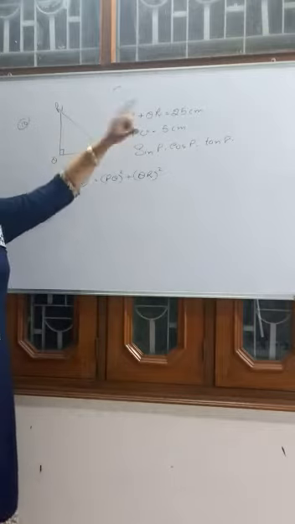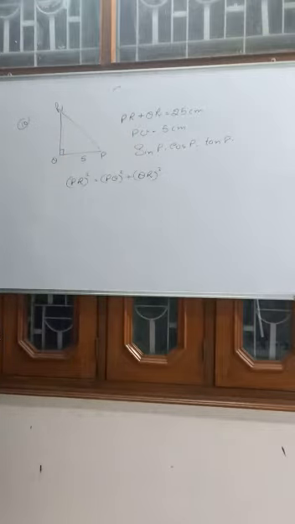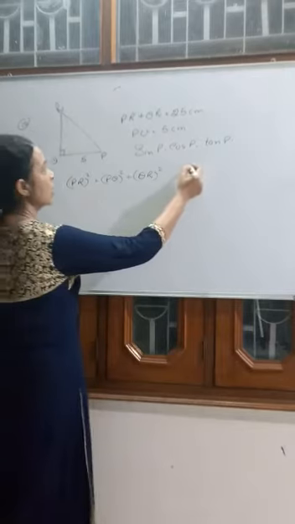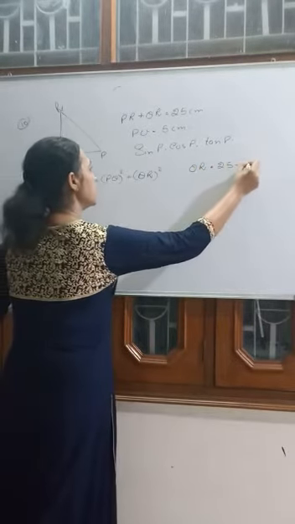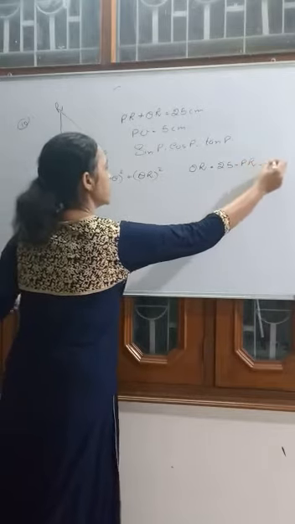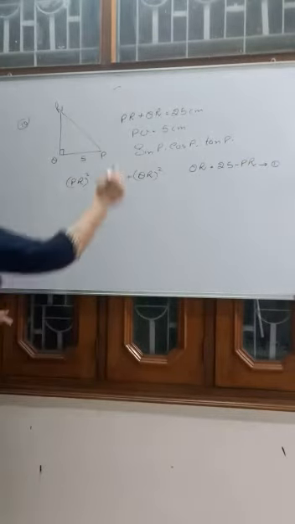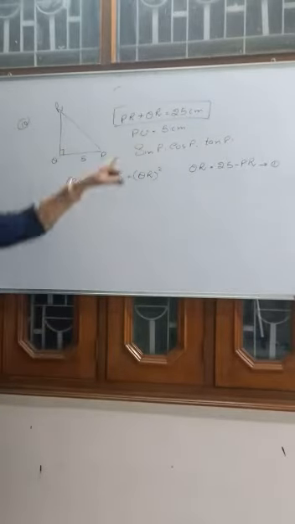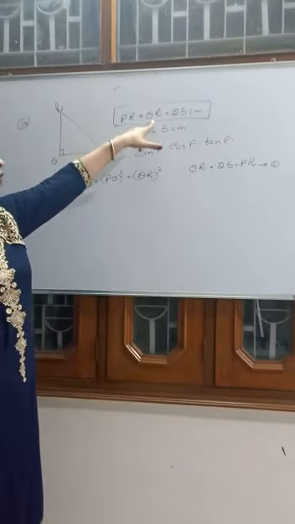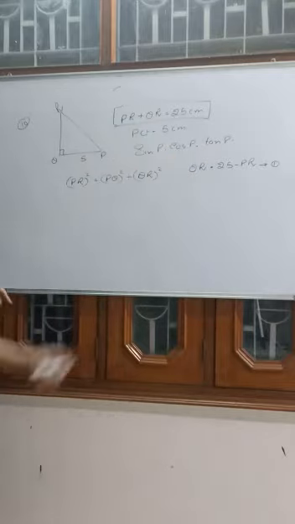Here it is given PR plus QR equals 25. From here we can take out QR as 25 minus PR. Take it as first. PR plus QR equals 25 centimeters is given.